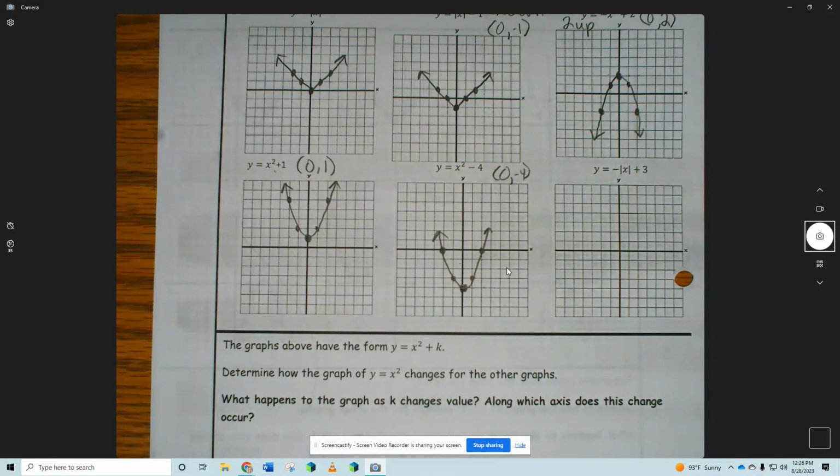The last one's tricky. Do it on your own. Absolute value, V-shaped, facing downward. Yep. Reflected across the x-axis, but then it's shifted up 3, right?